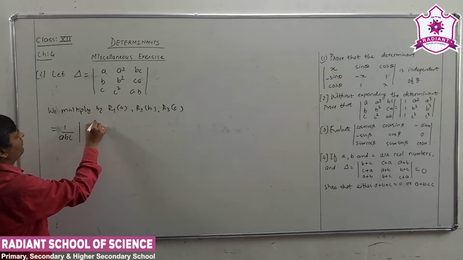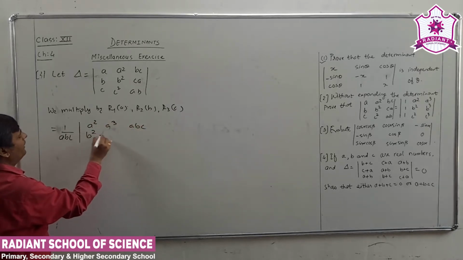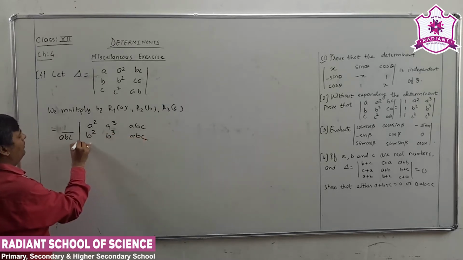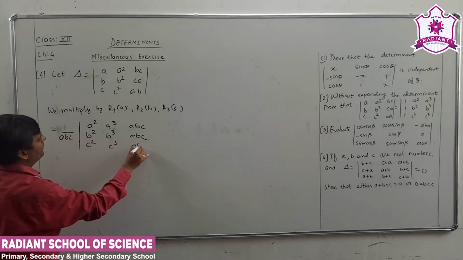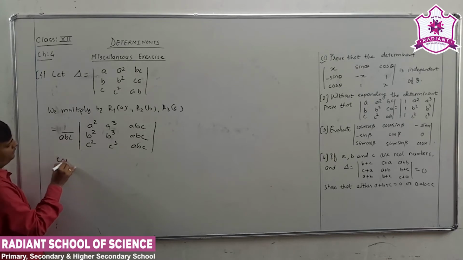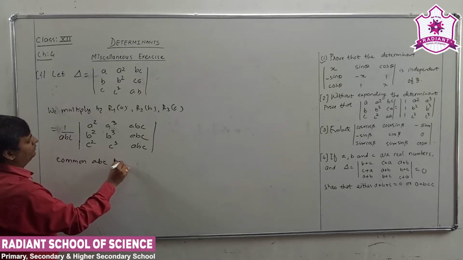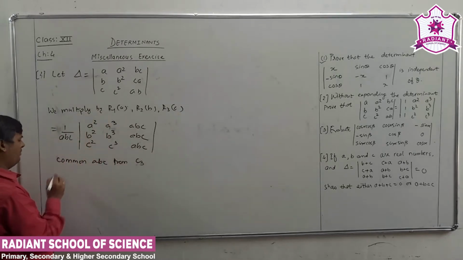So here a square, a cube, abc; b square, b cube, abc; c square, c cube, abc. Now common abc from C3. थर्ड कॉलम में से abc को कॉमन निकाल दो.